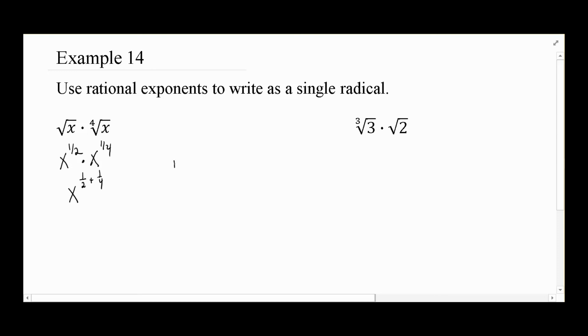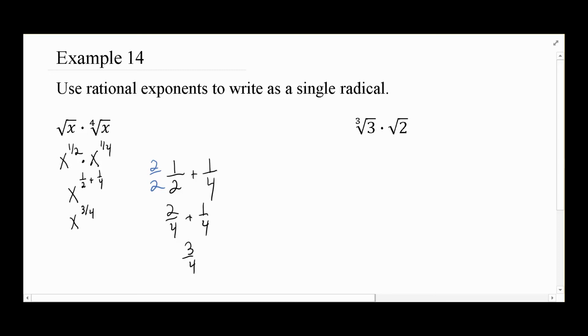And so off to the side in my scrap paper land, if I add 1/2 and 1/4 together, I need a common denominator. So I know that's going to be 2/4 plus 1/4, or 3/4. So I get x to the 3/4.